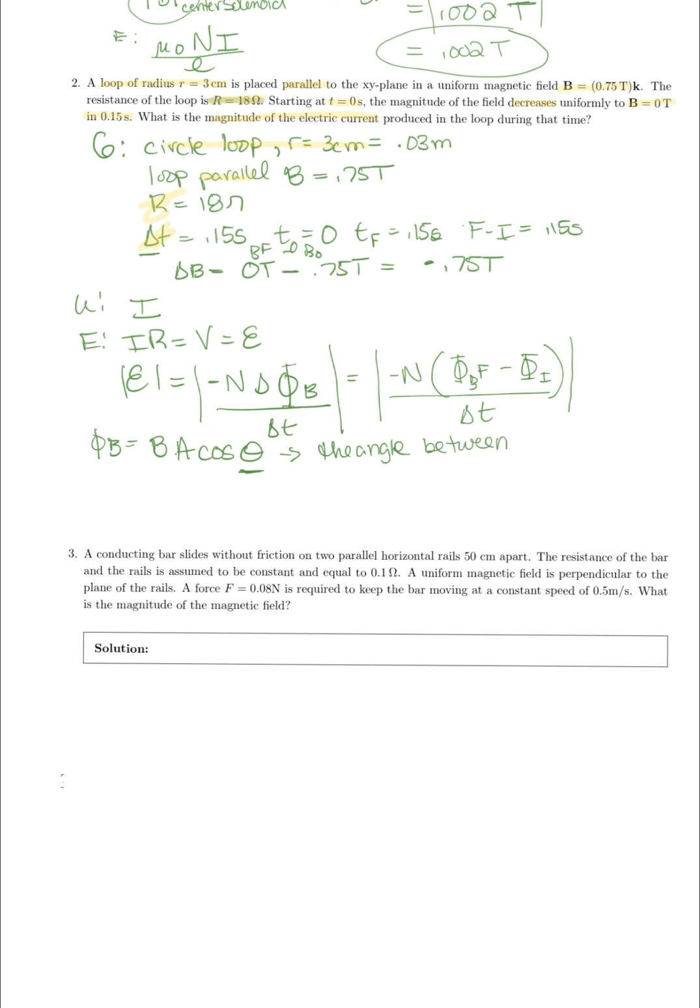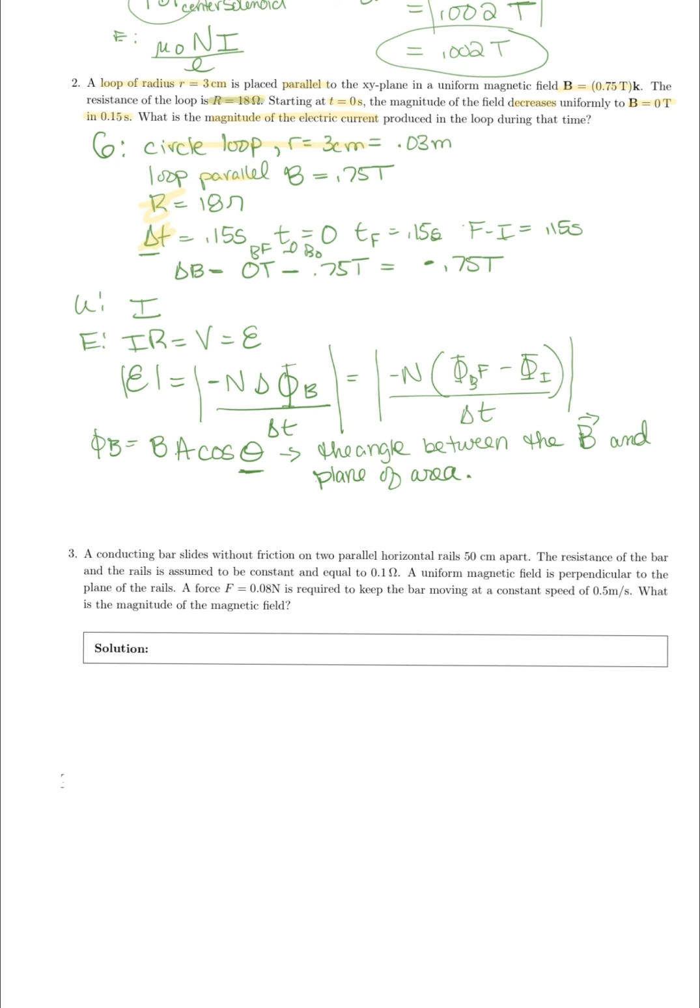Again, the relationship between the magnetic field and the plane of the area. So not just the area, but the plane of the area. And the plane is like the face of the area. And we're going to go over that in just a second.